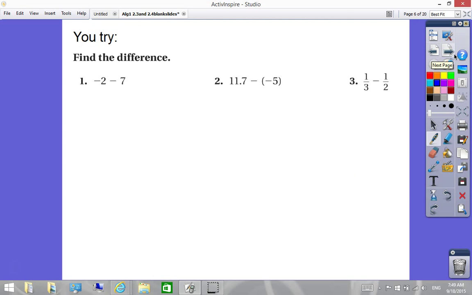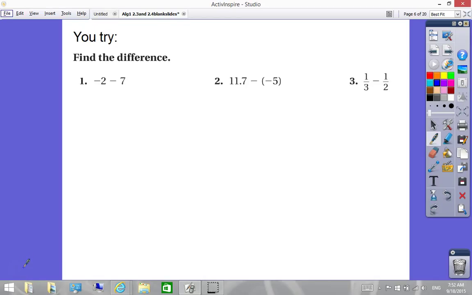So here's your you try. Subtract. And one of them is actually a fraction. And so for the first one, they're both negative.